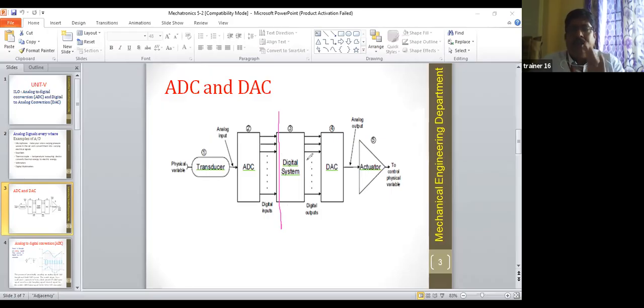But in industries, we have to go further: we convert the digital signal into analog, and then give it as input to the actuator. So now, in between ADC and DAC, we are adding DSP.